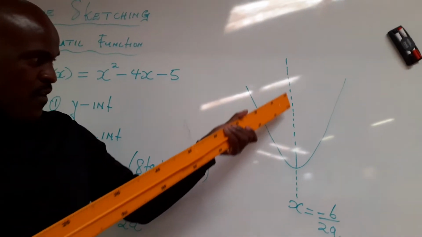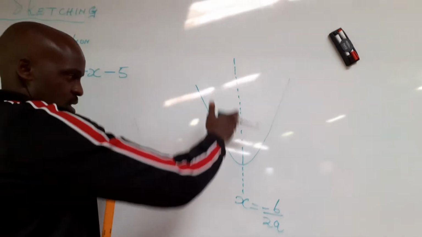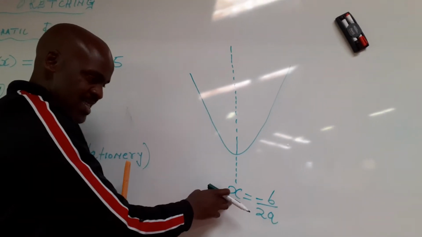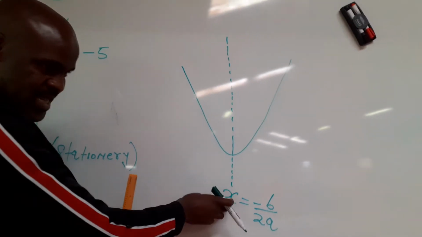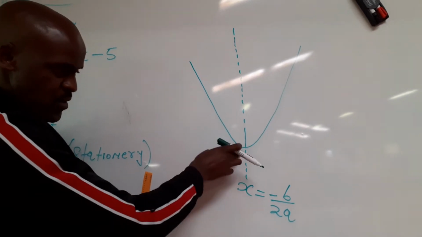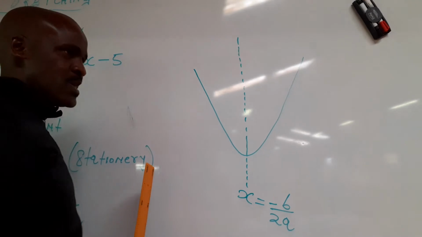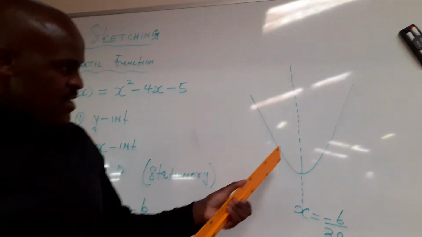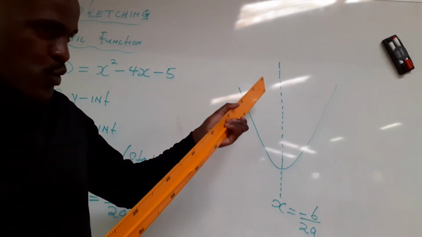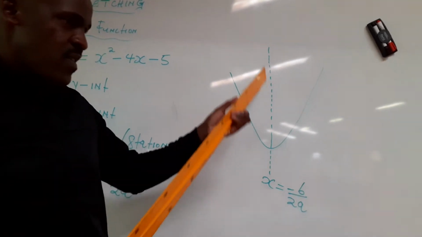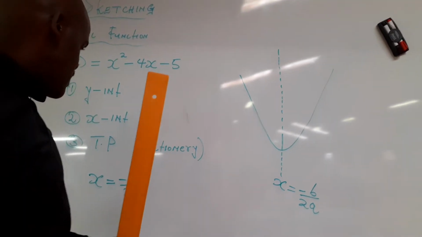The axis of symmetry is any line that will divide the graph into 2 equal halves, and that's why we call it the axis of symmetry, right?